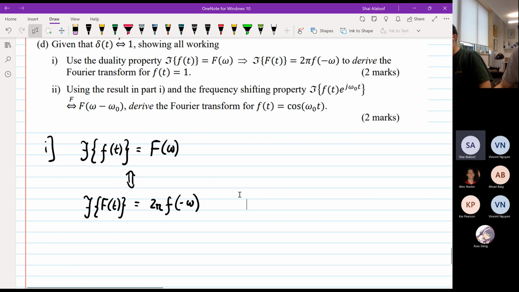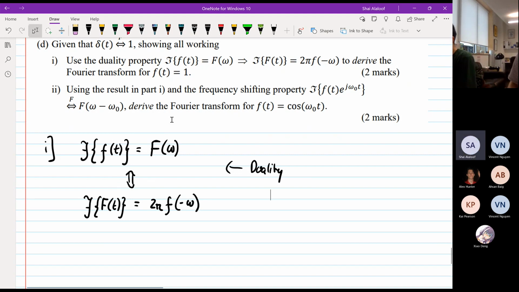A little bit confusing there, but I think it's more helpful to think of it from a mathematical perspective. So if you get this Fourier transform function, you substitute t instead of omega, you Fourier transform that, you end up with 2 pi, and then the original time varying signal, but substitute minus omega where every t is. That's it. That's all duality entails. Right.